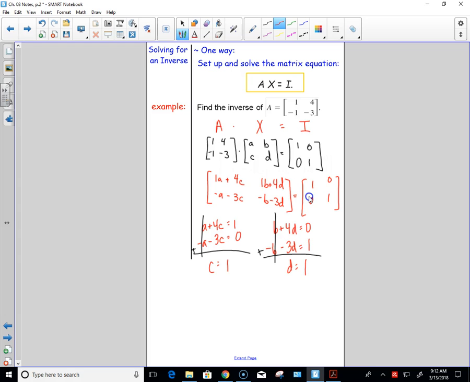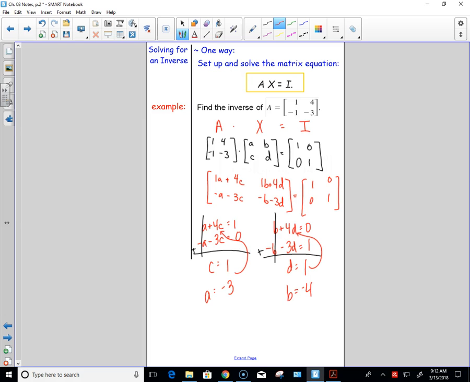So pretty quickly if I go back and plug in, maybe to there, a plus 4 is equal to 1, so a is equal to negative 3 if I subtract 1 minus 4. If I plug in, b plus 4d is 0, b equals negative 4.